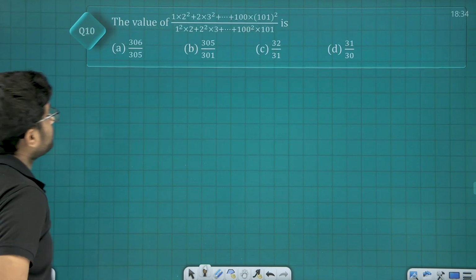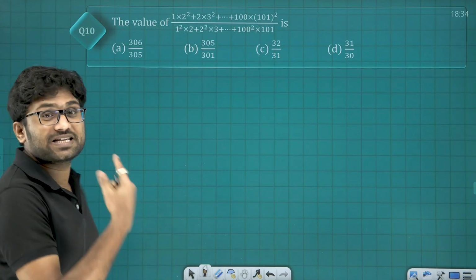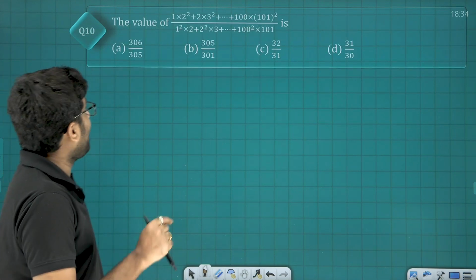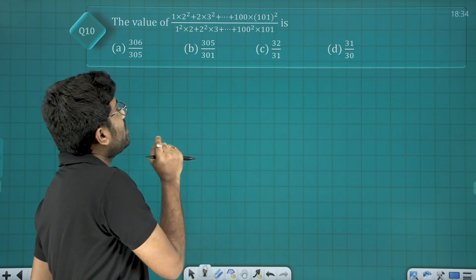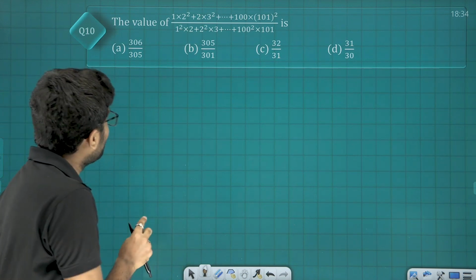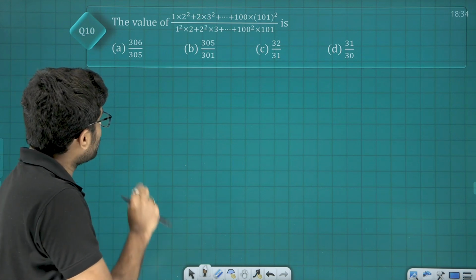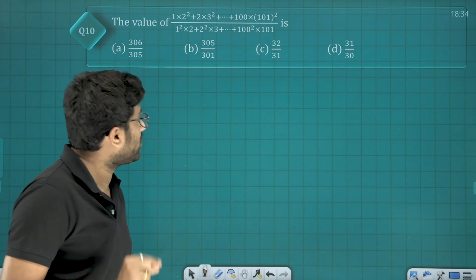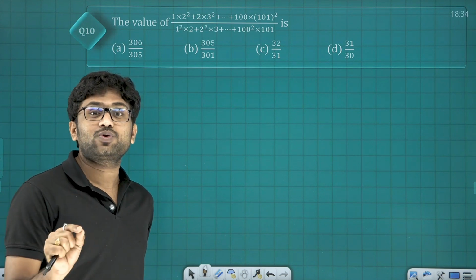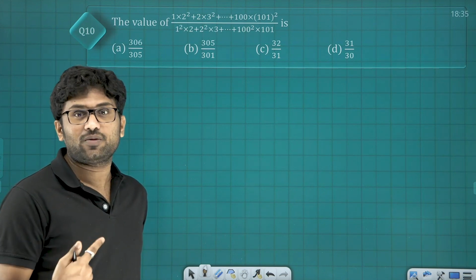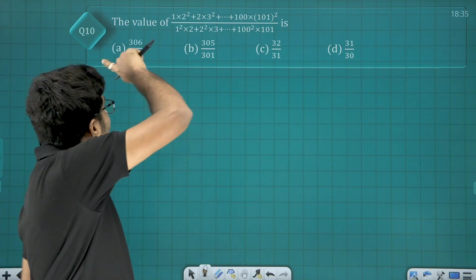Next question. The value of special series, friends. The value of 1 into 2 square plus 2 into 3 square plus and so on, up to 100 into 101 whole square, divided by 1 square into 2 plus 2 square into 3 plus and so on, up to 100 square into 101. For such questions, what I said, first we have to get the rth term, the general term of that series.